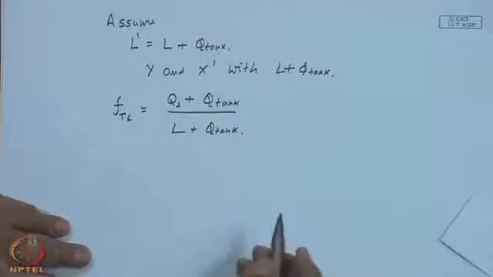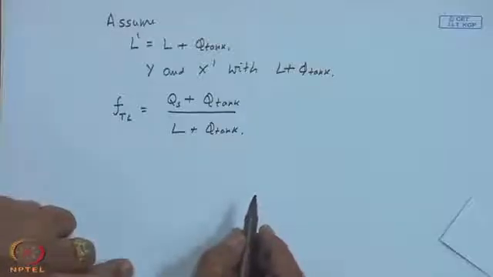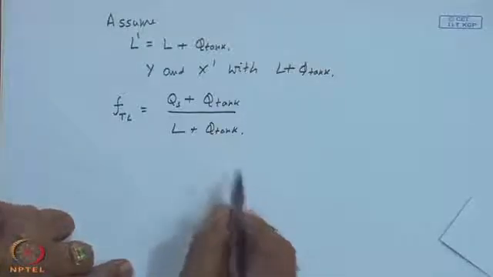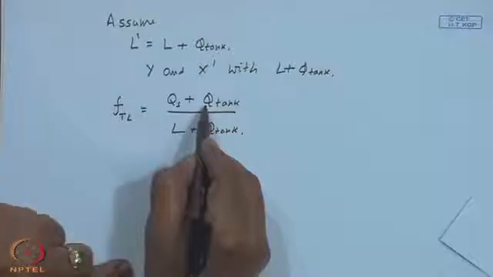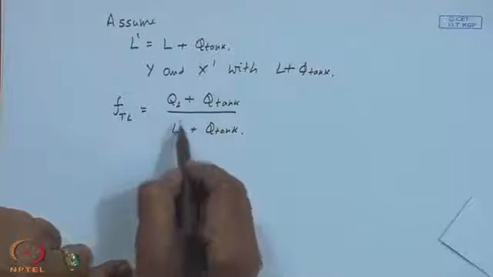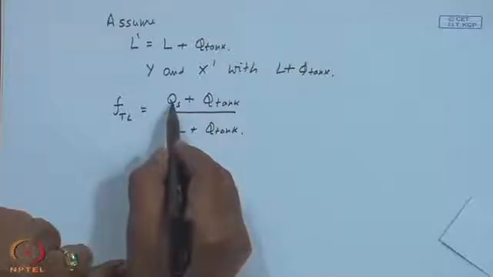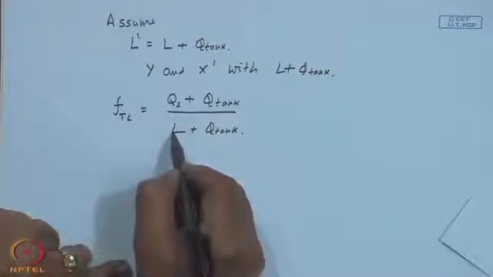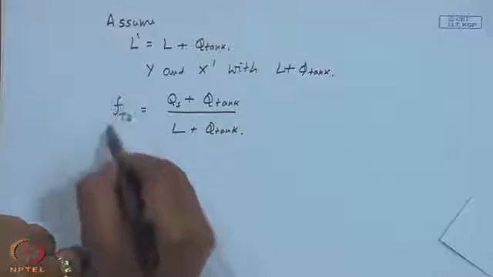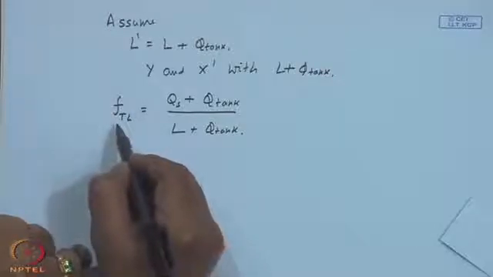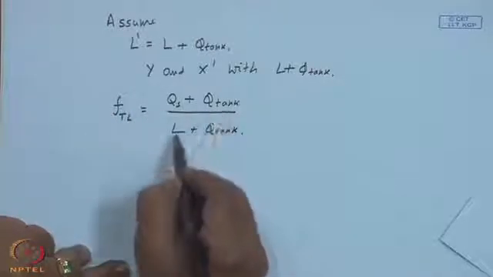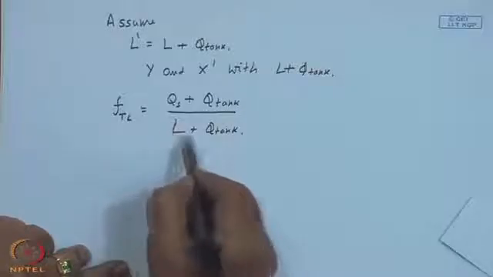We have not deviated from our original definition, except we realize that Q tank has to be fully met, and the load on the system is L, and Q s is the amount of energy that is going to meet the load on the system L. So, consequently, the solar load fraction that I obtain will be Q s plus Q tank by the total load now being L plus Q tank.